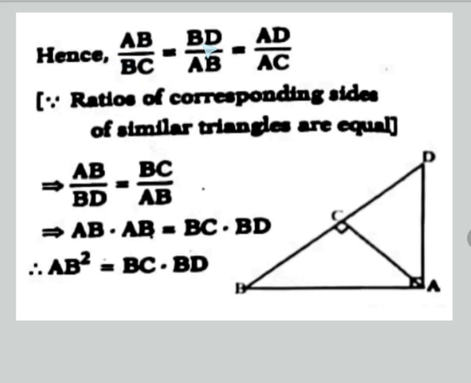Hence AB by BC is equal to BD by AB is equal to AD by AC. The ratio of corresponding sides of similar triangles are equal.